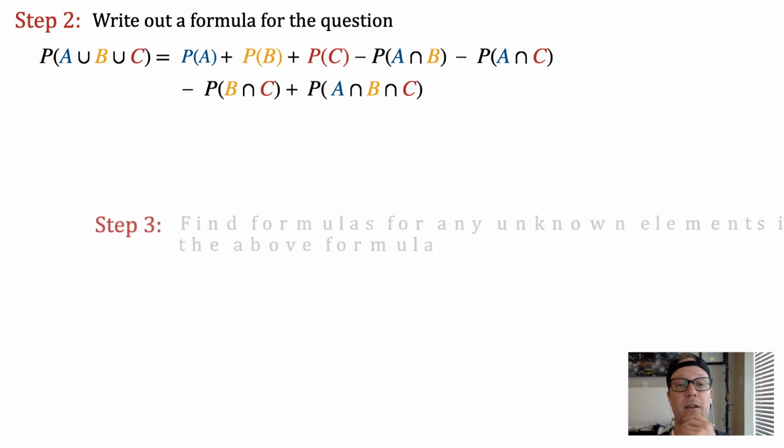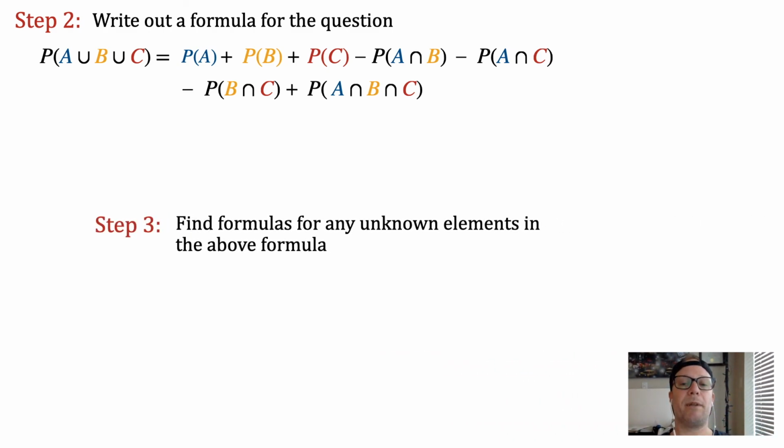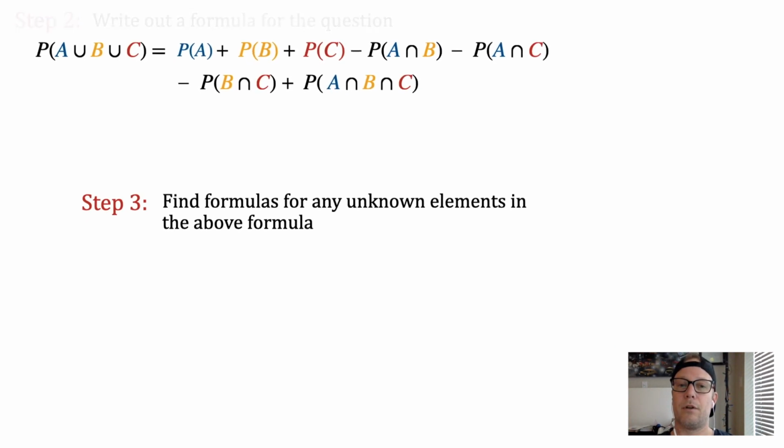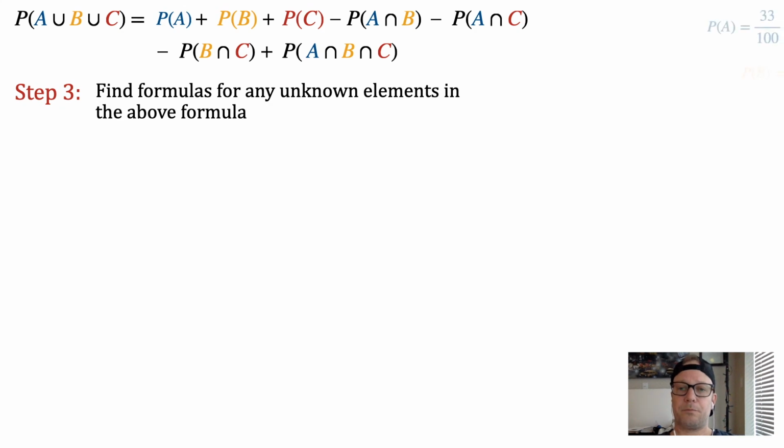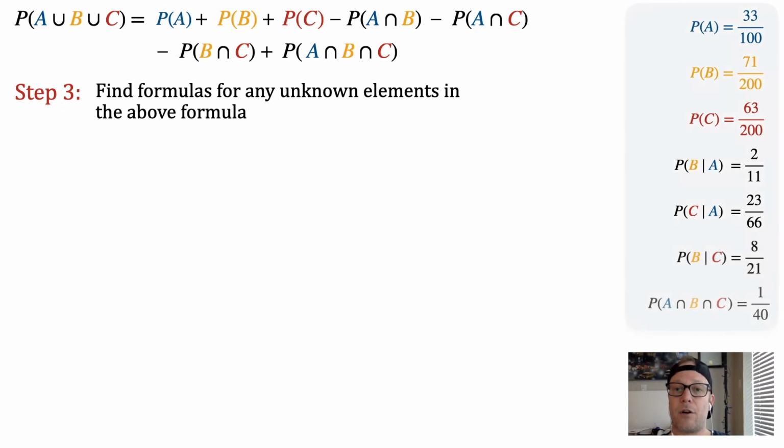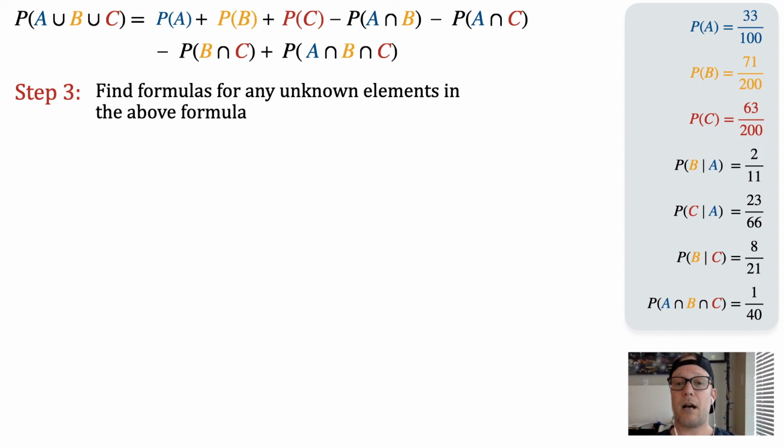Okay, so now that's done. Step 3 is we need to find formulas for any unknown elements in our above formula. So we know how to solve for A union B union C, but we have to see if we know each of the elements on the right-hand side of that equal sign. So we'll now have all of the information we were given in the problem, and we can see that some of them we have and some of them we don't.